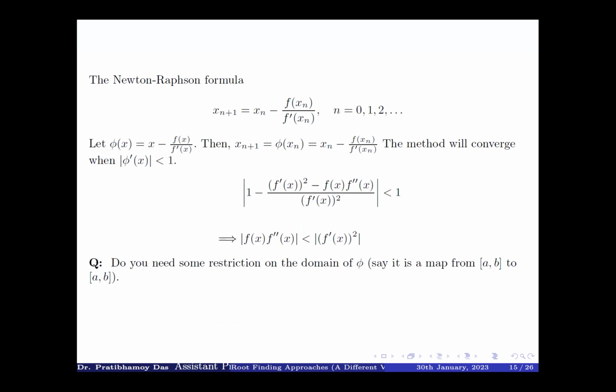Now this is one of the questions which generally comes, but the 2D version is more interesting. Here, x_{n+1} equals the Newton-Raphson formula that everybody knows. The question is, can you pose a condition on f under which this Newton-Raphson formula will always be convergent?